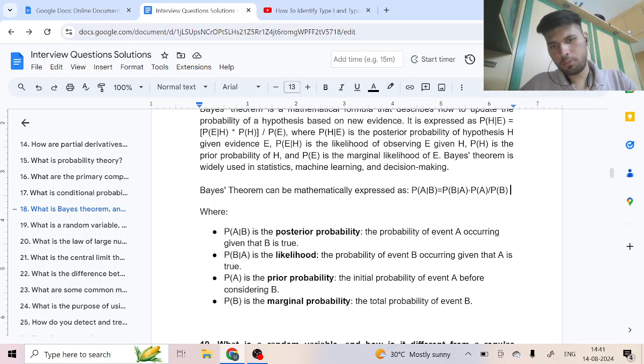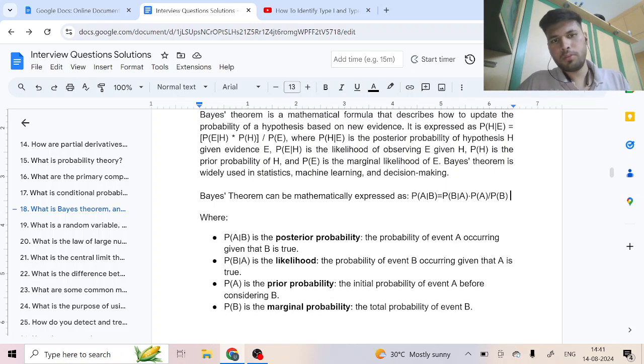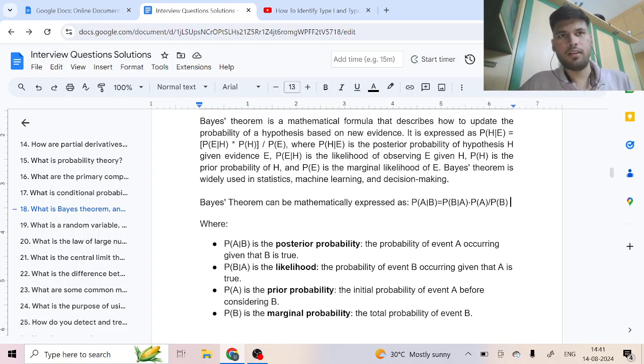P(A) is the prior probability, the initial probability of event A before considering B, and P(B) is the marginal probability, the total probability of event B. Bayes' theorem is used as a concept of conditional probability in the light of new evidence. It is particularly useful when the likelihood of an event depends on the occurrence of another event. This is known as Bayes theorem.